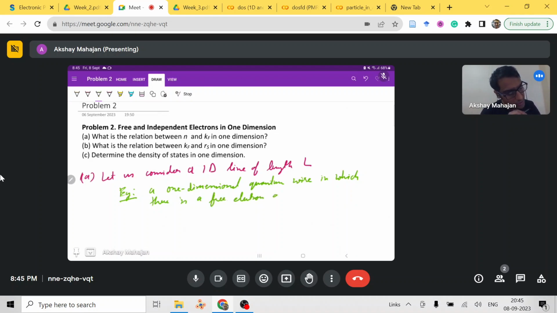So we can consider it in 1D. Physically we can consider it as a one-dimensional quantum wire where there is a free electron gas, right?